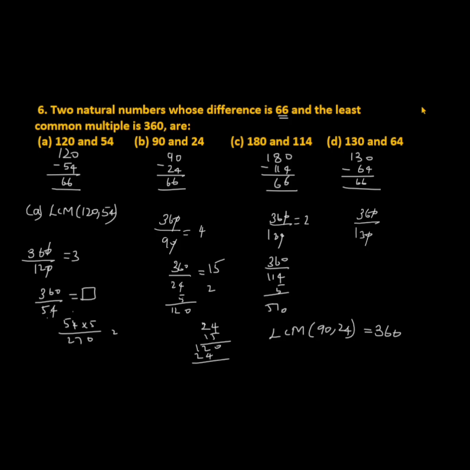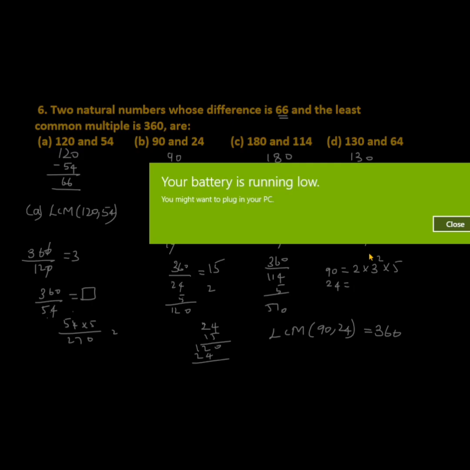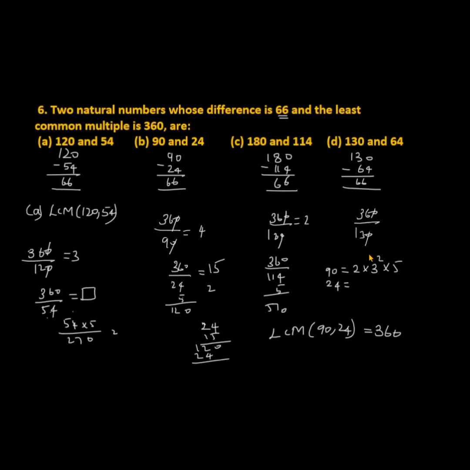You can check that also. 90 we can write as 2 into 3 squared into 5. So 9 5s are 45, 45 twos are 90. And 24 you can divide and write: 24, 2 twelves, 12, 2 sixes, 6, 2 threes, so 2 power 3 into 3.